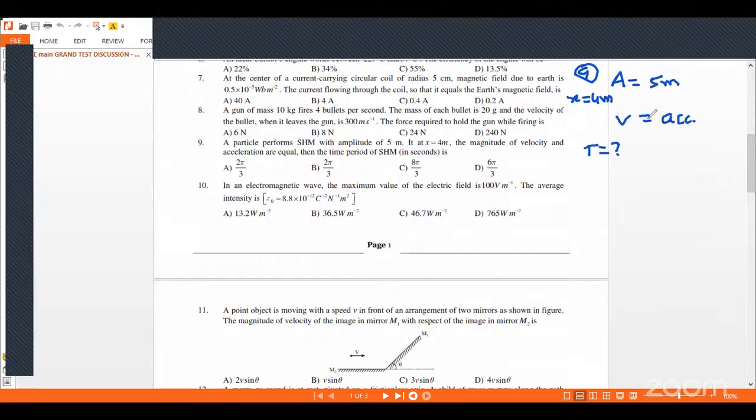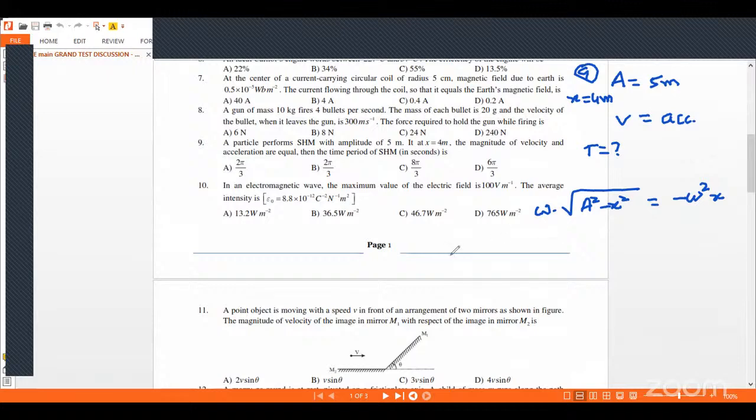Okay, fine. So we can say velocity is omega times under root a square minus x square. Acceleration we can write as minus omega square x. Right?